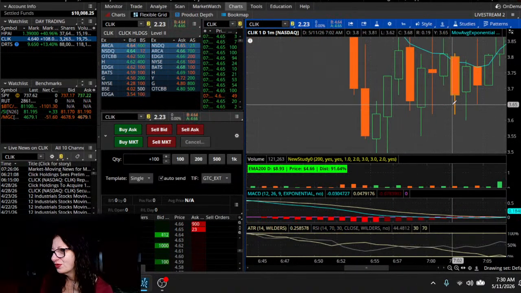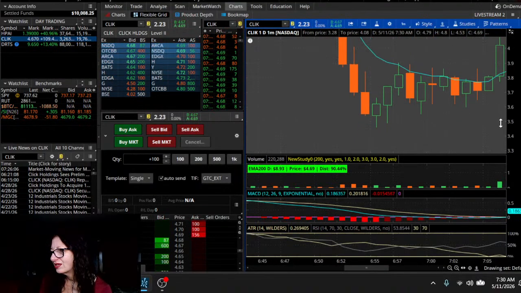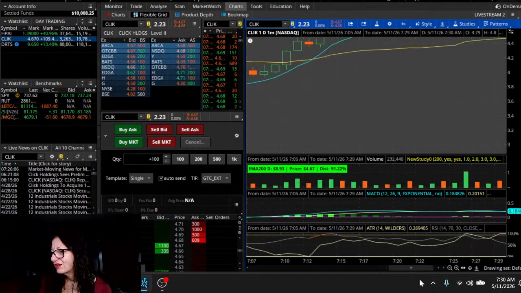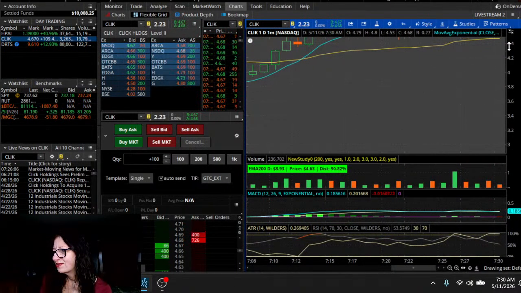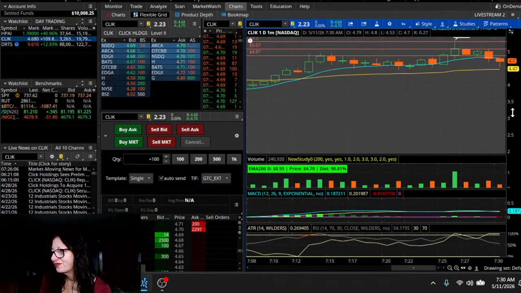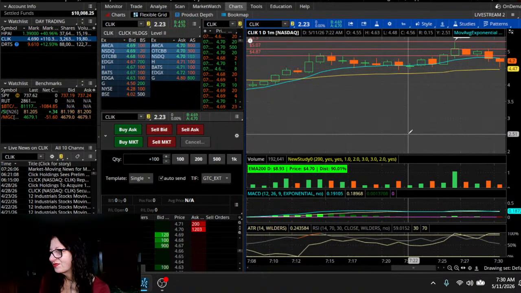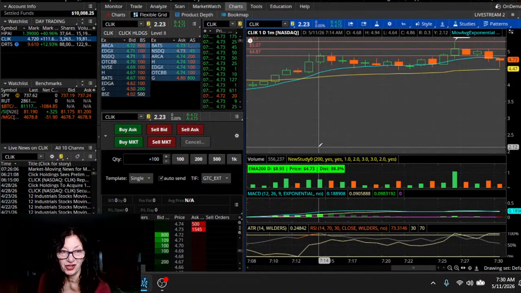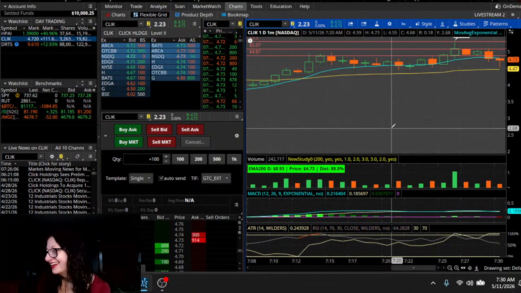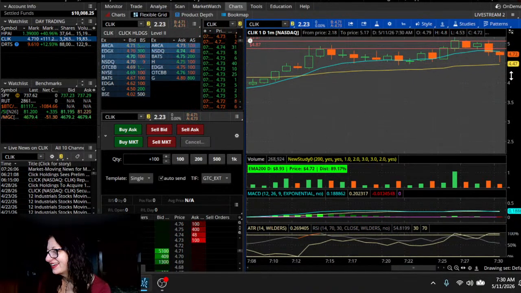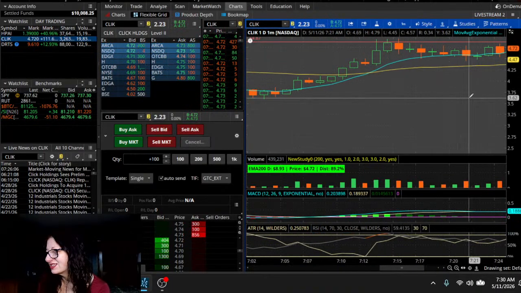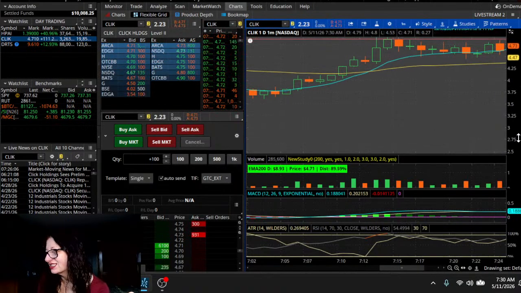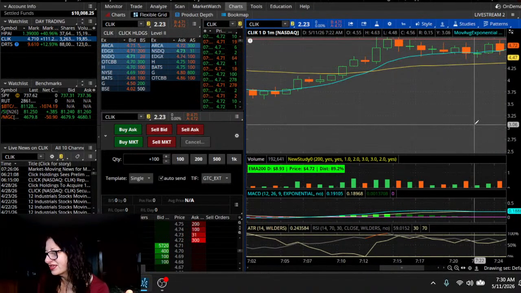Oops. Where did it go? There has to be a way to adjust this too. There's so much to learn. Now, how do I move this down? So I can change this, but how do I move this all down?